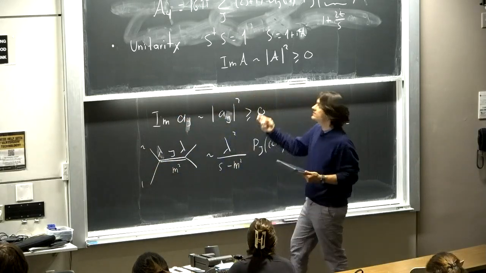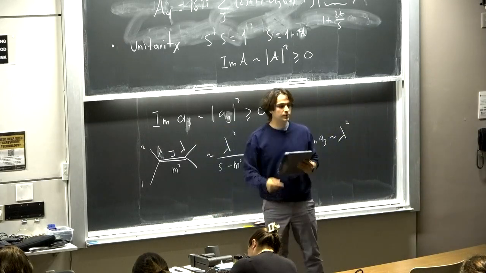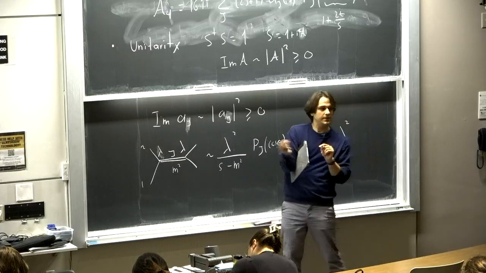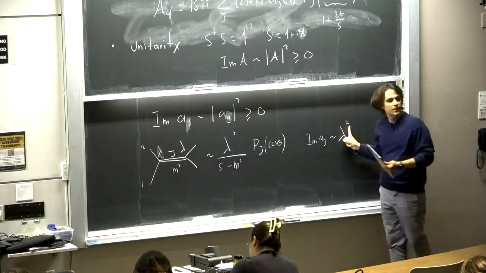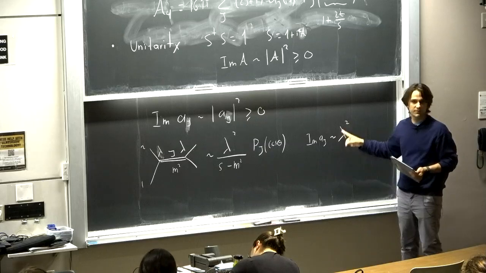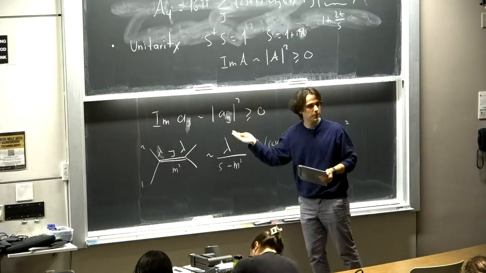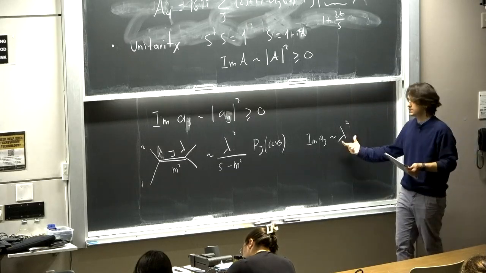So you can think of this imaginary part of A as telling us how my particles that I'm scattering in the S channel couple to some heavy state in the spectrum that has spin j. It's just the square of its coupling, so that's why intuitively it makes sense that it's positive. This is an example. It could come from loops. It could be more complicated, but at least for intuition, it's always something like this.